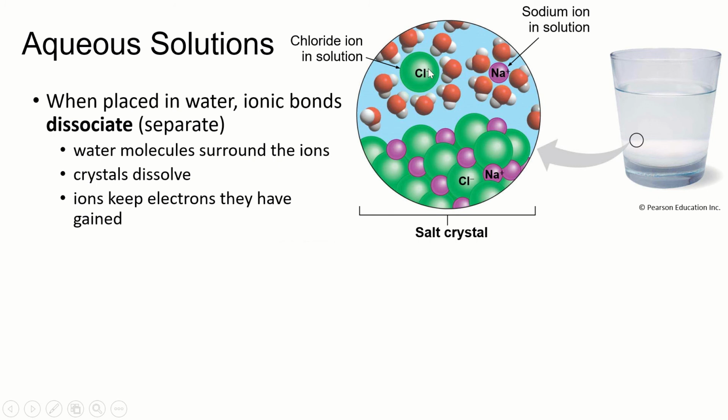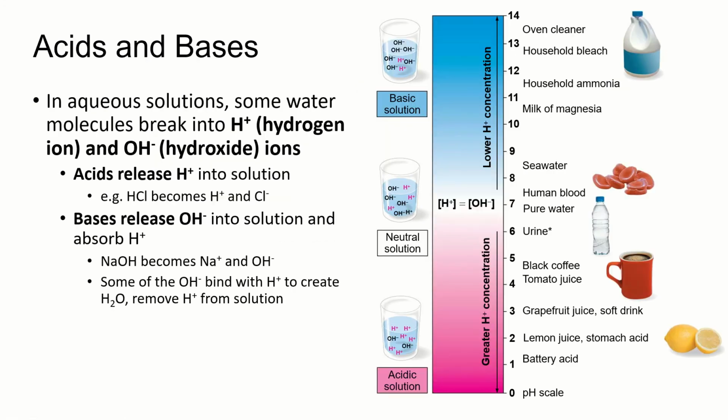Remember, chloride is an anion, sodium, cation. And so because there's so many water molecules and they have this polar force, they're able to separate the ions, and that's what happens when something dissolves in a fluid such as water.